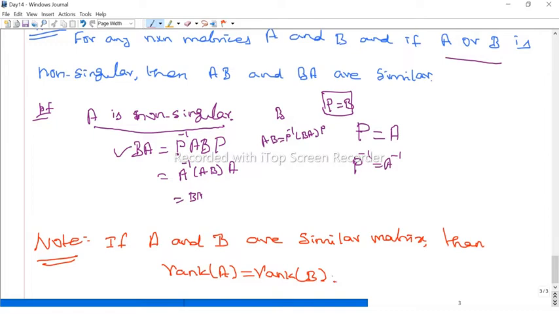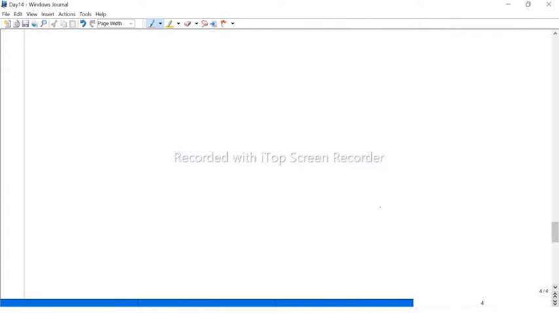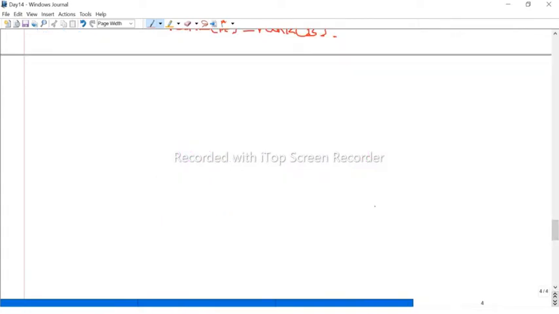Now we move to the definition of diagonalizable. We say a matrix is diagonalizable if that matrix is similar to a diagonal matrix. That's the definition.